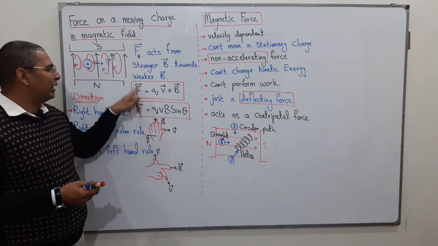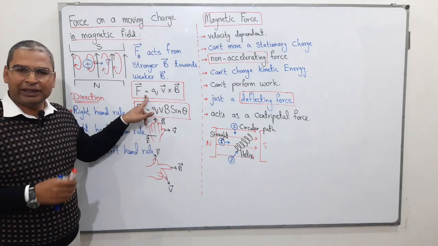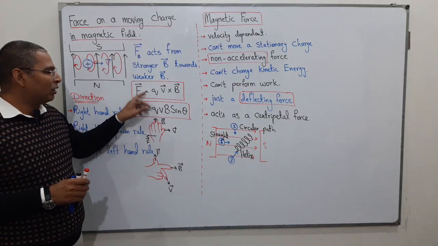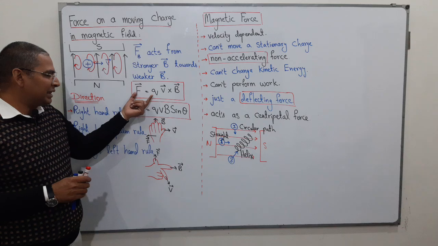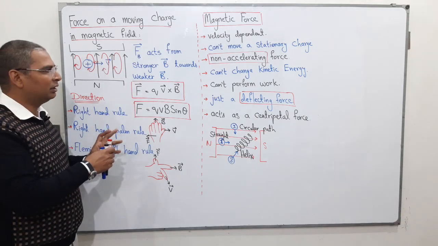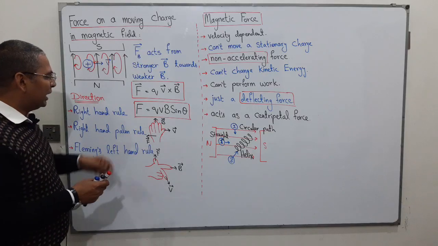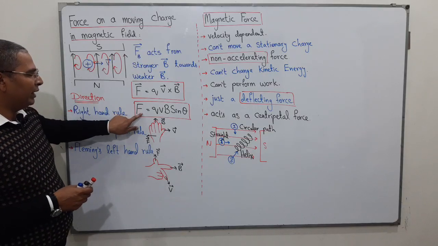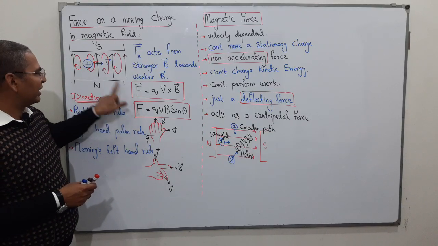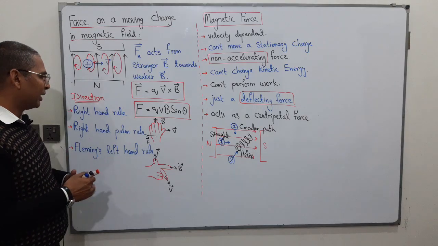This is the formula for the magnetic force acting on this charge. I am not giving the derivation of this formula right now because I am going to make a short video on it. In vector form and in magnitude form, this is the force experienced by this moving charge.